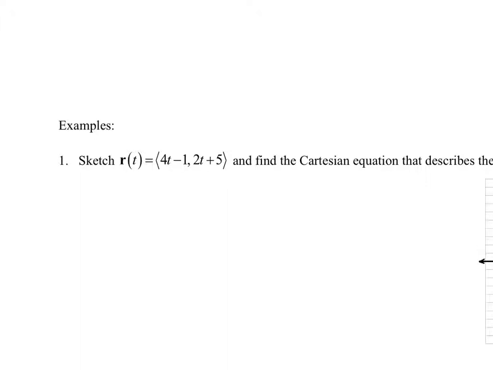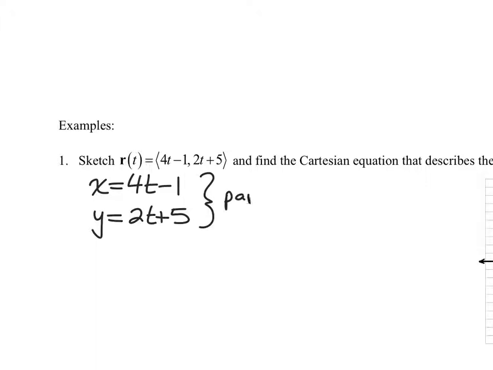This is saying that x is equal to 4t minus 1, and y is equal to 2t plus 5. This is a set of parametric equations in 2 space.